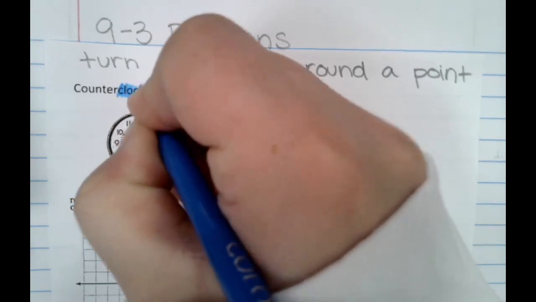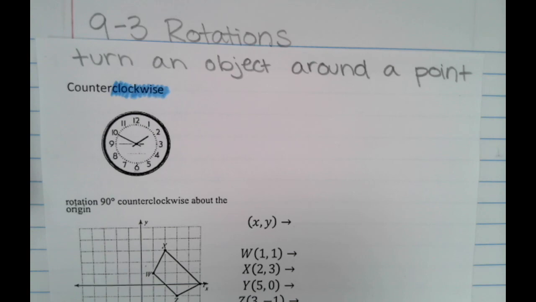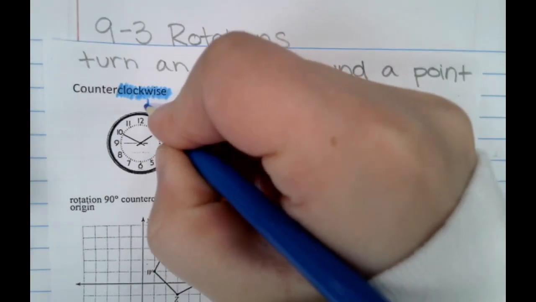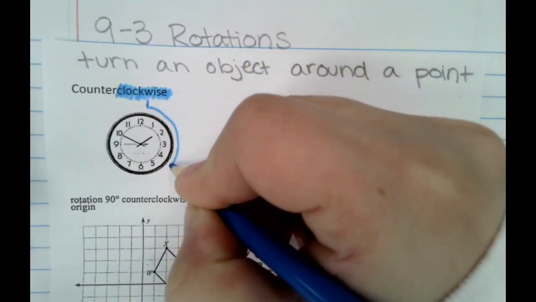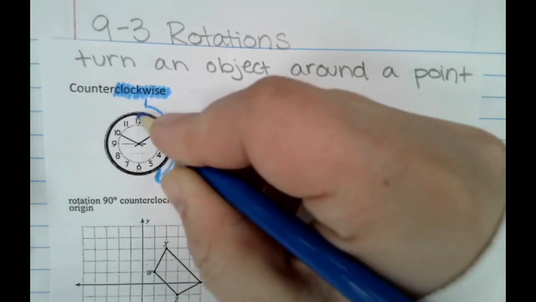Clockwise means to go the normal way around the clock. So normally when we read a clock, if you start at noon, where would you go after noon? 1 o'clock, and then 2 o'clock, 3 o'clock, 4 o'clock. You'd go this direction. So this is our clockwise.